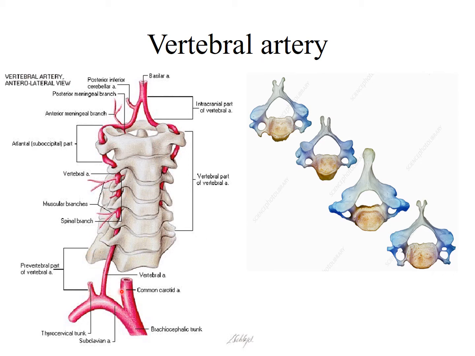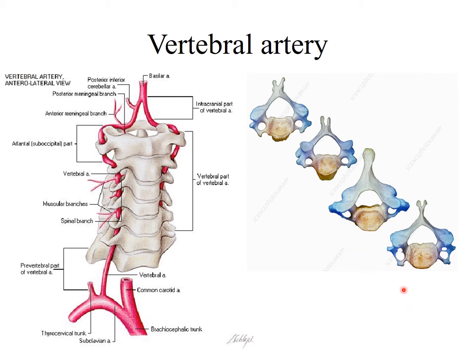So the vertebral artery is a branch from the first part of the subclavian artery. It ascends upwards, backwards and medially. Then it enters into the foramen transversarium, which is present within the cervical vertebrae. In this picture we have shown the cervical vertebra with the foramen transversarium, which is the identification feature of the cervical vertebra.